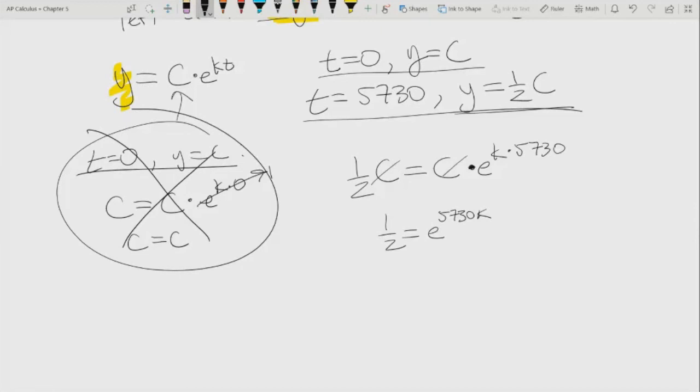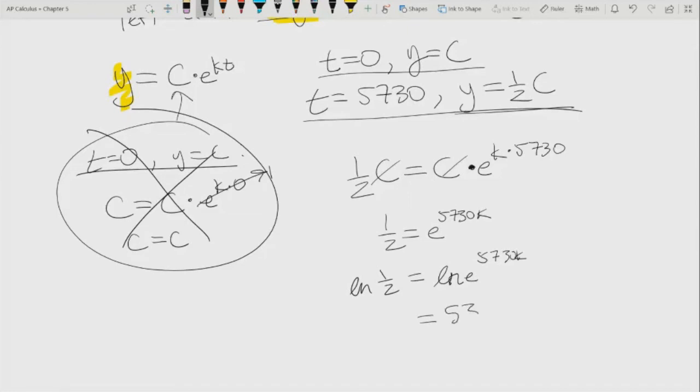So how do I solve for k? Do what to both sides? Natural log. I heard Anthony mouth. Yes, I saw him mouth. So I can just go ahead and take the natural log of both sides, or technically you can also apply the definition of a logarithm. But anyhow, natural log of 1/2 equals natural log of e to the 5,730k, which of course, what's the whole right side turn into?